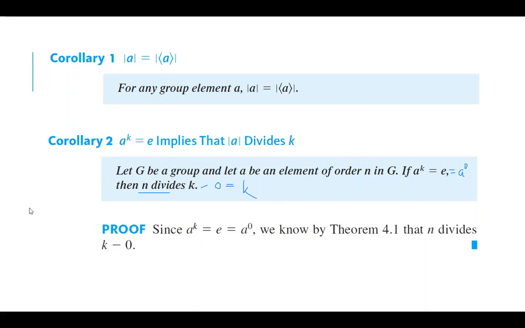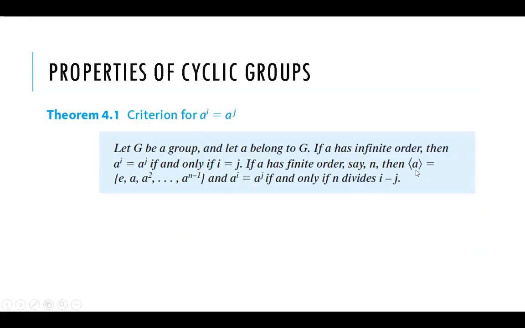One more important point that I want to make here is that cyclic subgroups contain all the positive and negative powers of some element. But here you see only the positive powers: e, a^1, a squared, up to a^(n-1). Why is this true? Because the negative powers are also here in the form of positive powers. If you have a^(-1), then this is equal to a^(n-1). Why?